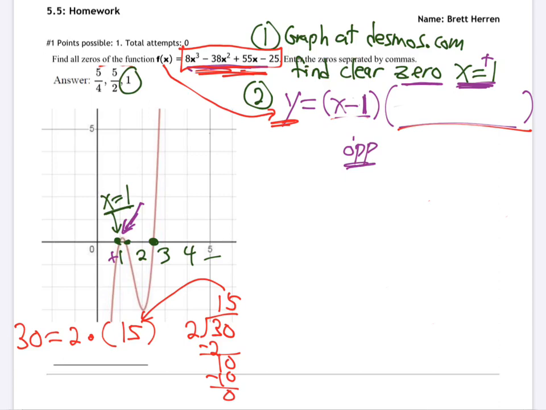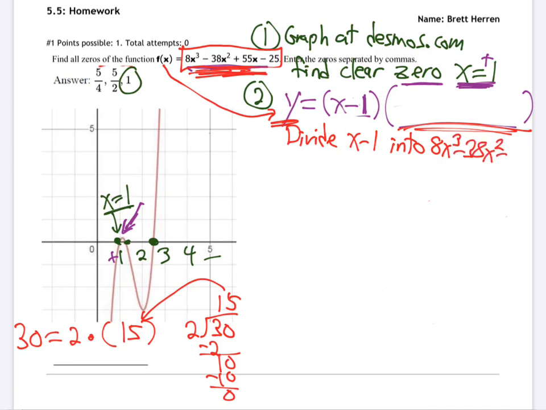Well, how you find what will multiply x minus 1 to go back to the 8x cubed thing is you divide x minus 1 into the 8x cubed minus 38x squared plus 55x minus 25. All right, so we're going to do that with synthetic division.